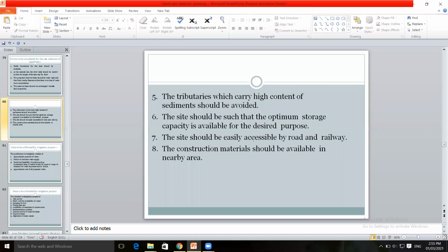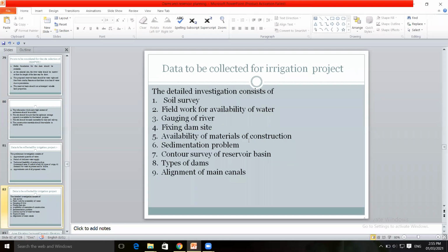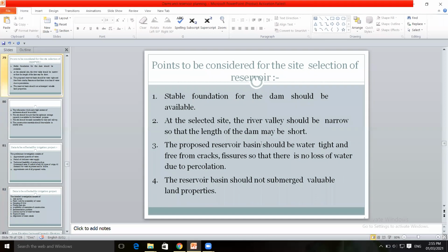It is easily accessible to carry materials or goods from one location to another location. And construction materials should be available in nearby areas. These are the various points which are considered for the site selection of the reservoir.